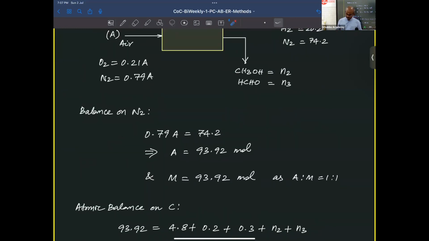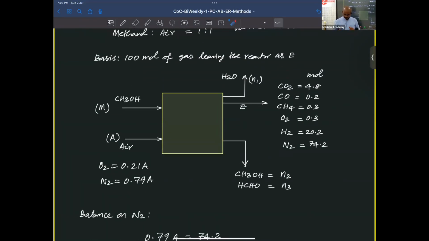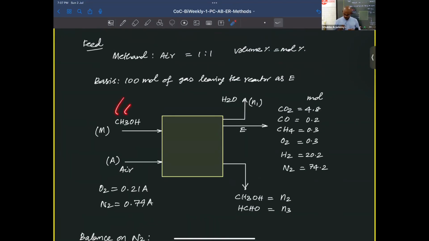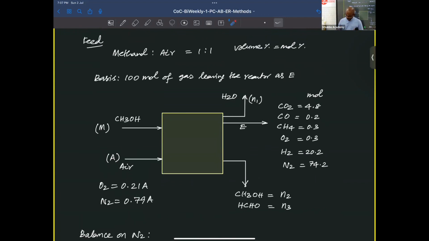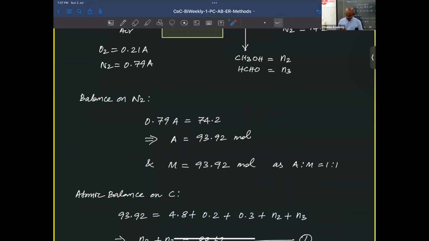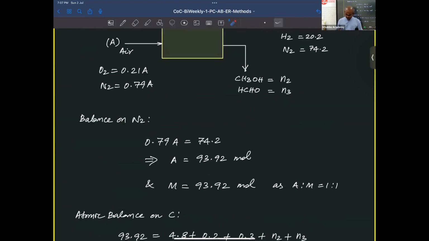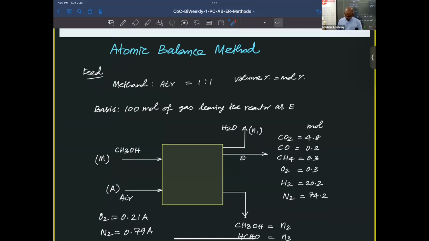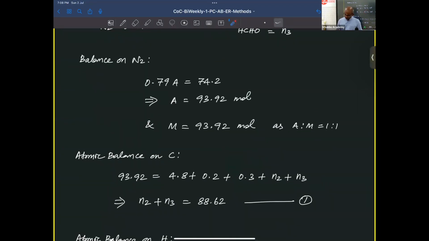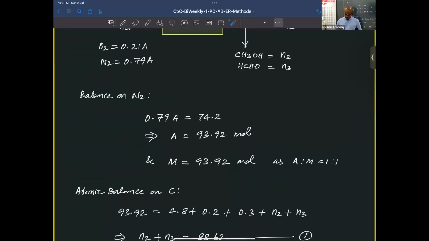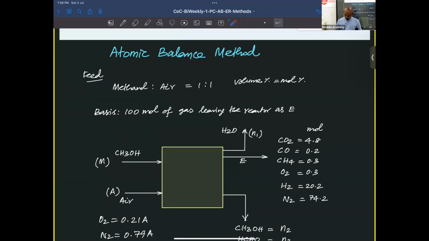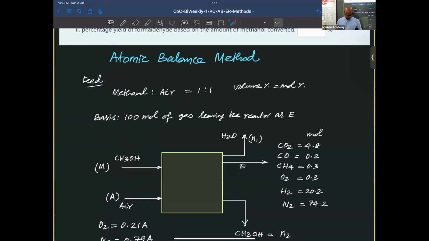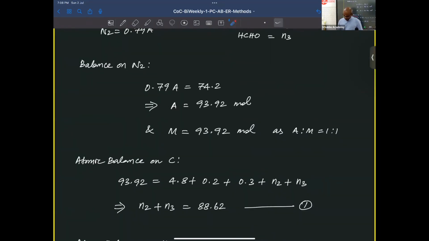Now, what are the other balances possible? Let us check that. We have C, H, O. So we can make balances on carbon, hydrogen, and oxygen. Let us make the balance on carbon. How much carbon is entering? We know the methanol entering from this calculation. For one methanol, we have 1 C. So that's why 93.92 into 1.